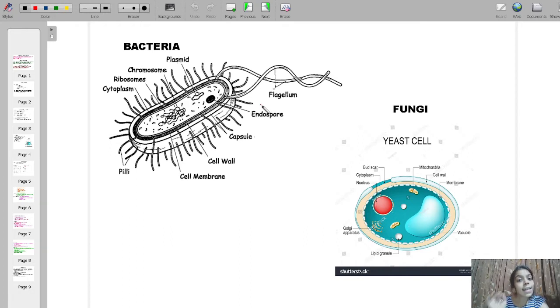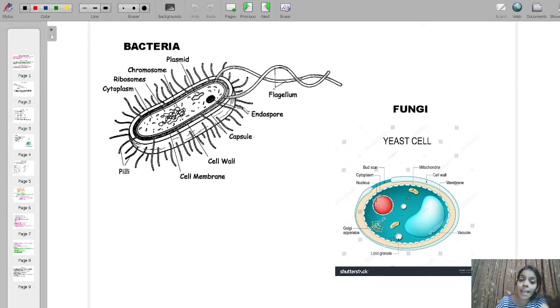So these characteristics are only possible when the bacterium plasmid has got certain special genes. Those genes help the bacteria to have these attributes. So this is all about the bacterial cell.